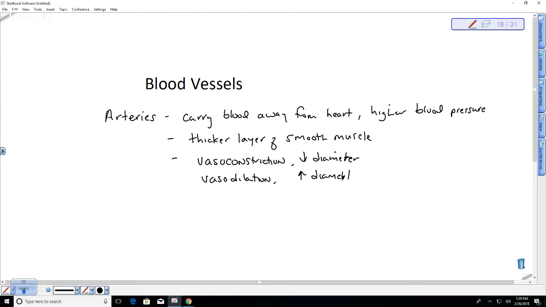When a blood vessel dilates, blood will tend to flow in the path of least resistance. So constriction tends to shunt blood away, right? And vasodilation shunts blood towards.